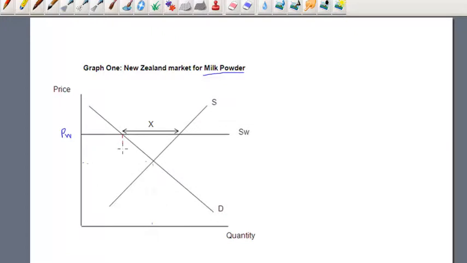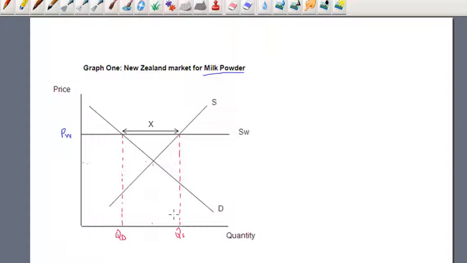If I draw the quantity demanded, you can see that at the world price, where it intersects with the demand curve, that's the quantity demanded of milk products, or in this case milk powder in New Zealand. And there is the quantity supplied. At that price, producers are willing to put that much milk powder onto the market. That is quantity supplied.